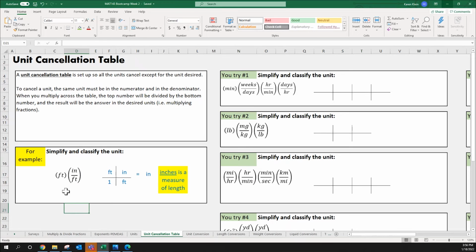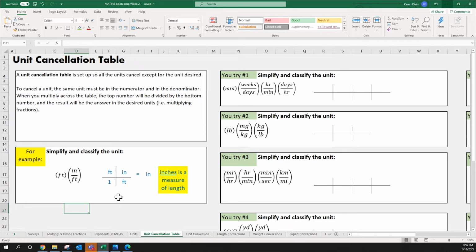So we're going to handle that just like we would do a fraction, except that Excel can't do the calculations for us here. So what I did was I created a little fraction here and just wrote feet divided by 1 times inches divided by feet.